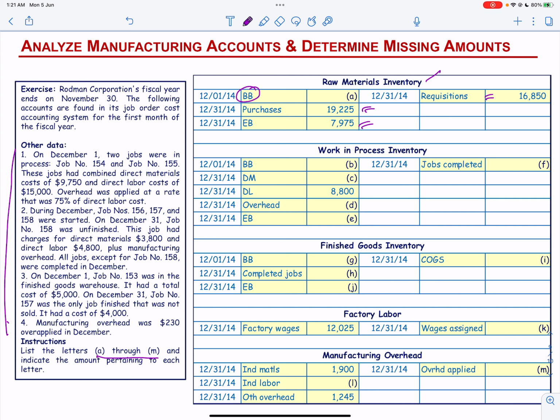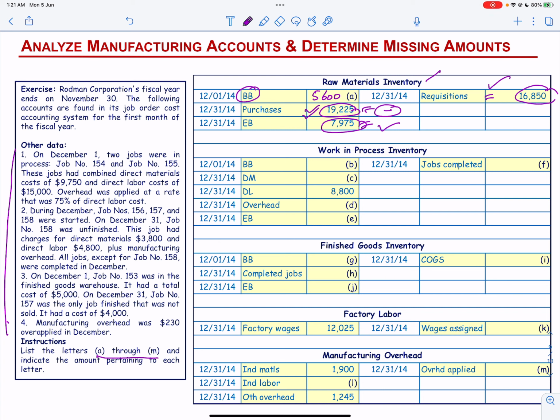So we are going to have the requisition plus the ending balance minus the purchases, that will give us the beginning balance, and that will be 5,600. I repeat again, we have requisition, to this we add the ending balance, and we subtract the purchases to get the beginning balance.